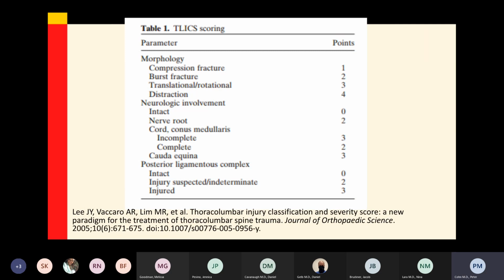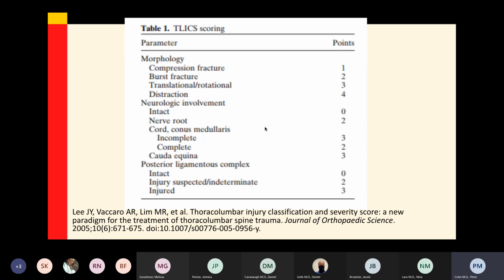It's a point system where point values are assigned to the morphology, so with increasing severity you get more points. For neurologic involvement, with increasing involvement you have more points, with the exception of patients who have complete injuries, who only get 2 points, as the likelihood of recovering neurologic function in these patients is very low.